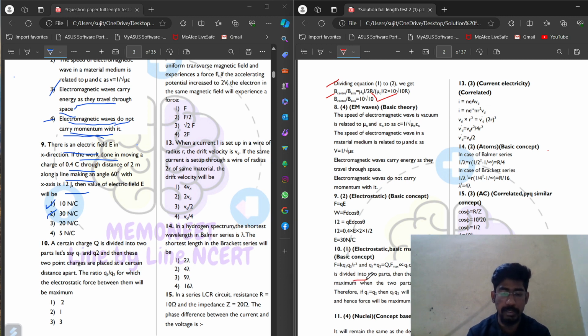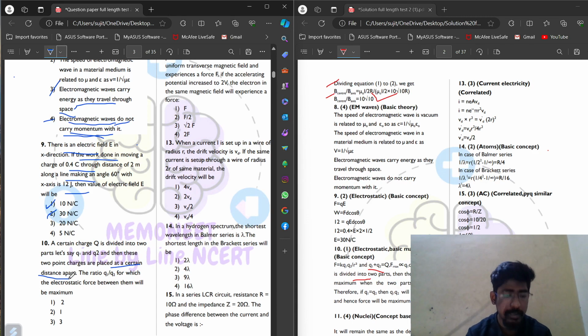If the charge is divided into two parts, Q1 and Q2, you know from Coulomb's law that the value of F depends on two things: it is directly proportional to the product of the charges, and inversely proportional to the square of the distance between them. Here it is said that they are placed at a certain distance, so the distance is constant.